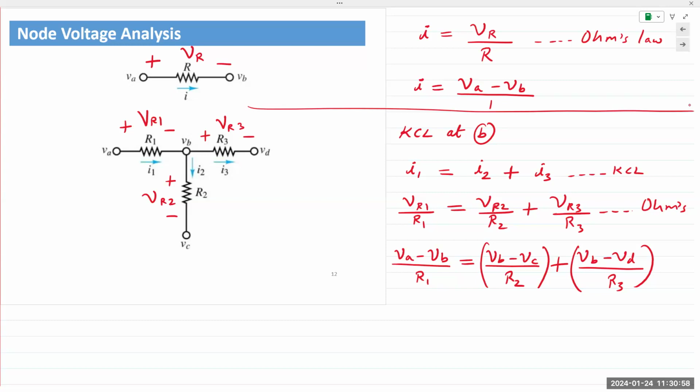And so when I write the equation, it becomes VA minus VB. If I were to choose I1 going in the opposite direction from right to left, then it would be VB minus VA. Does that make sense to everyone?